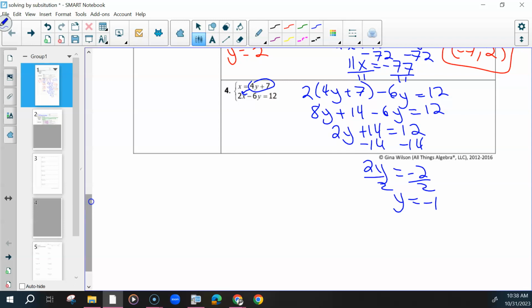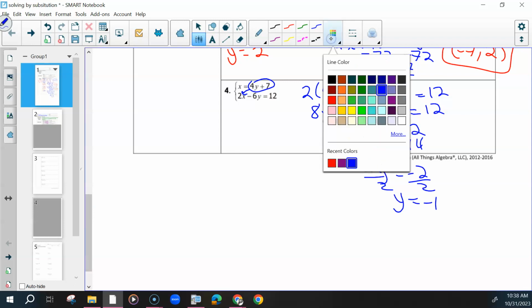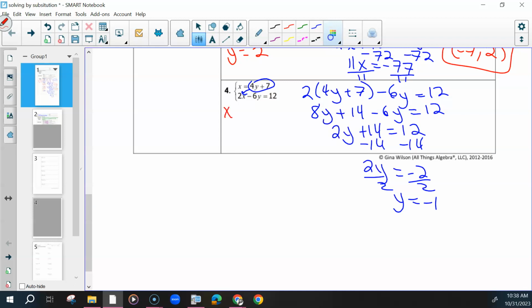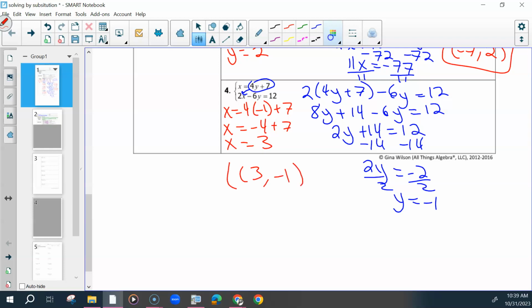So now we have to go back and solve for x by putting y into this equation. What would your x value be? Be careful when you go to write your ordered pair, because we solved for x second, it still comes first. So 3, negative 1.